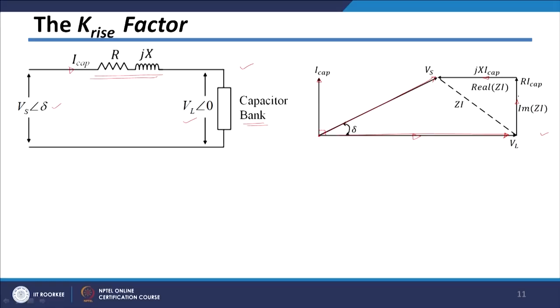In this case also we can easily see that the real part of Z times I will be nothing but the voltage drop.